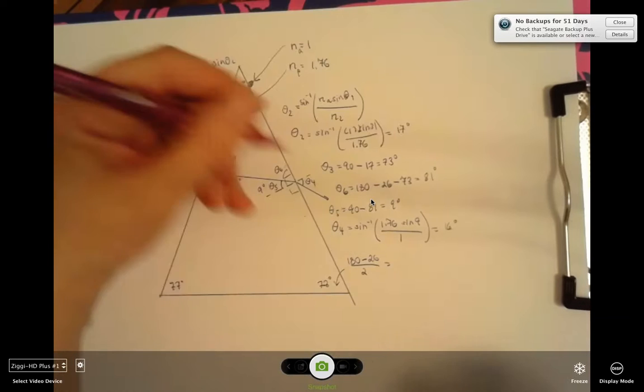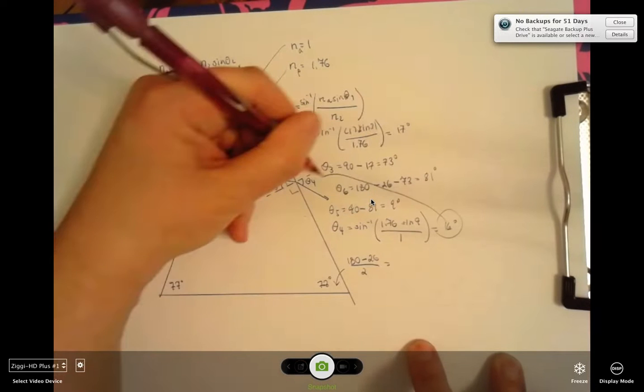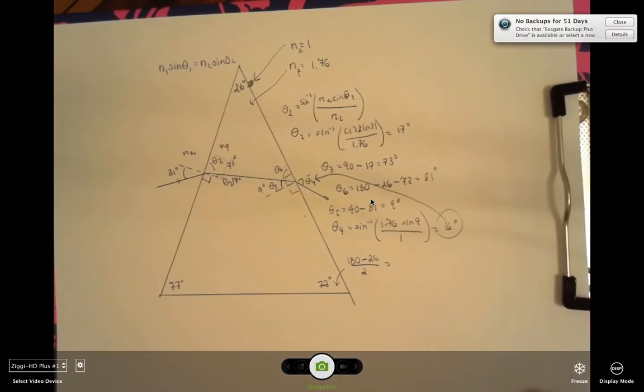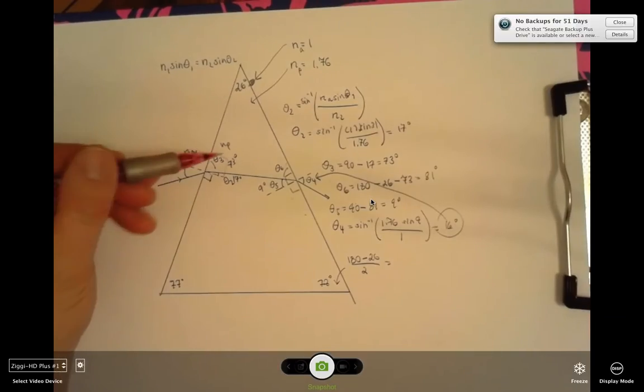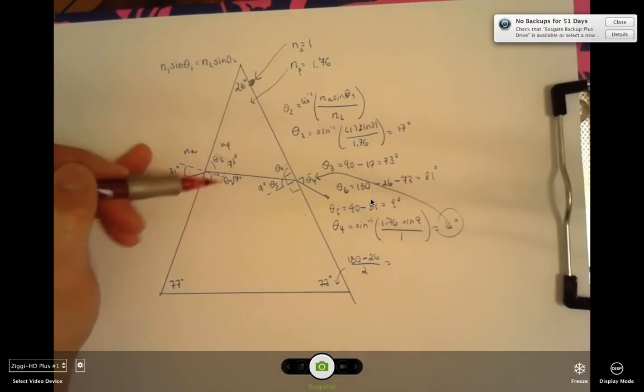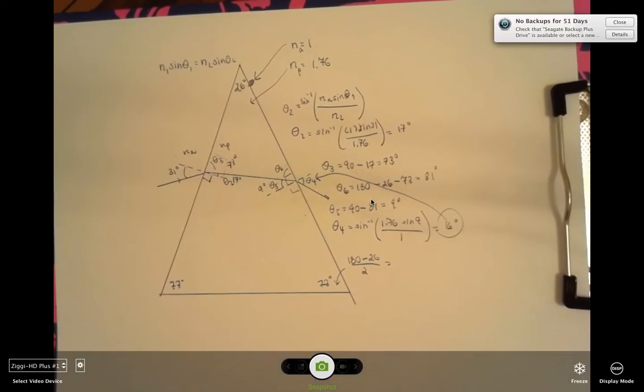So 16 degrees is our angle here on the way out. So I think that's all this was asking for here, the angle on the way out. The reason you needed the angle up here is basically to make these triangles in here. So there's a little bit of geometry when it comes to these. Okay, so any questions before we move on from this one?